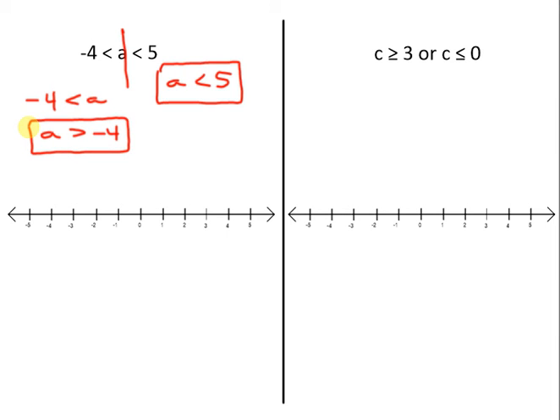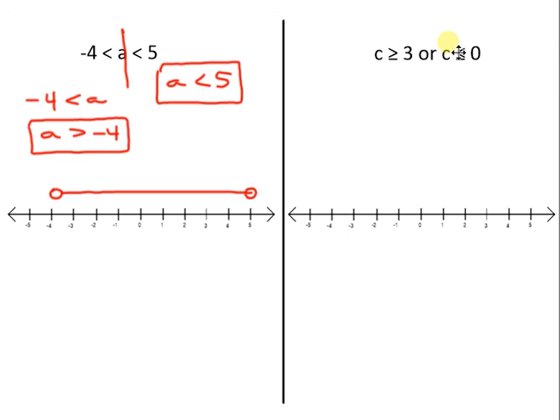Okay, so the easiest way that I find to do these is just to make my circles first and then draw my joining lines. So I know I'm going to have an open circle over the 5. And I'm going to have an open circle over the -4. I know that they're both open because I don't have bars over my symbols. And then I have my joining line, just like that.